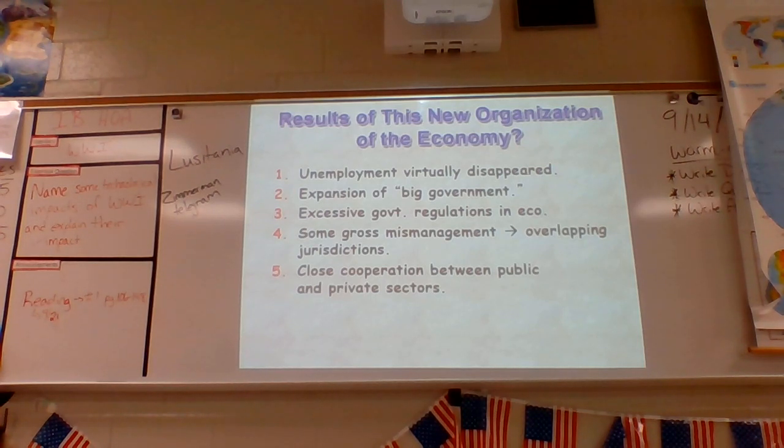Number 5 is important. It goes with the War Production Board in the fact that there's going to be close cooperation between the private sector, like those automobile factories, those different factories, and the government.